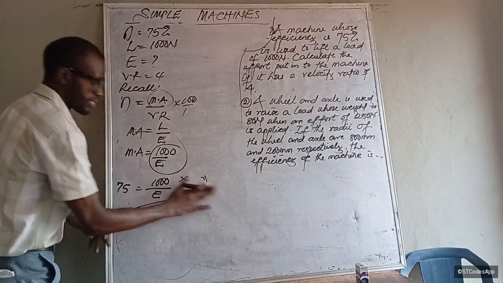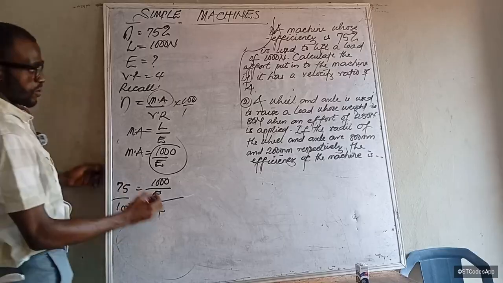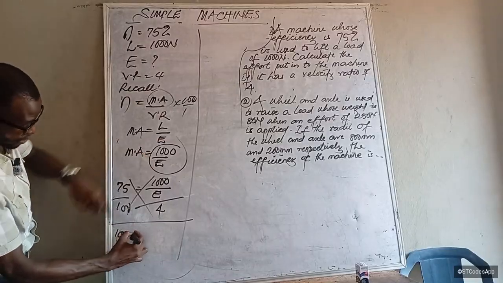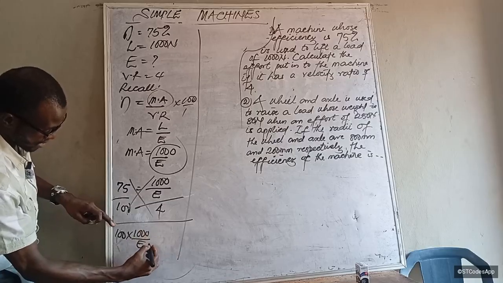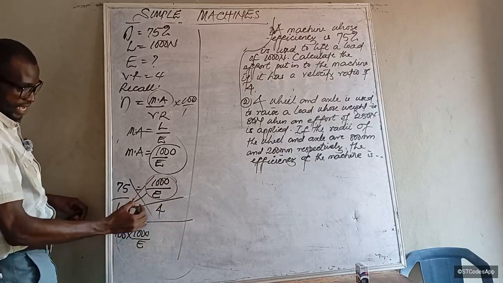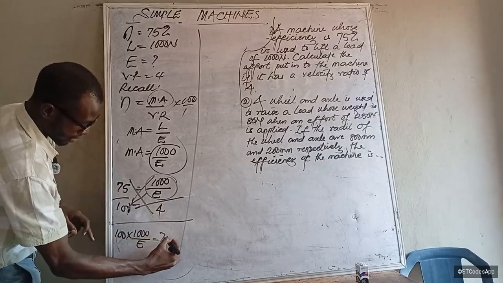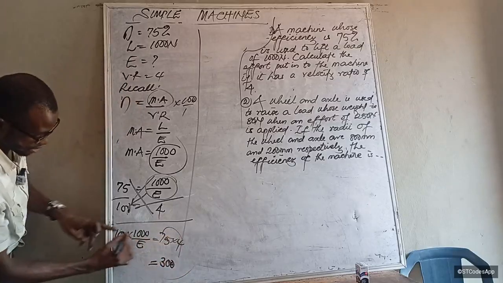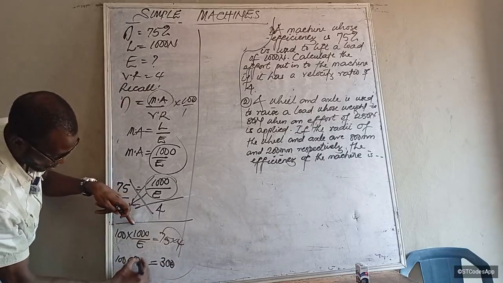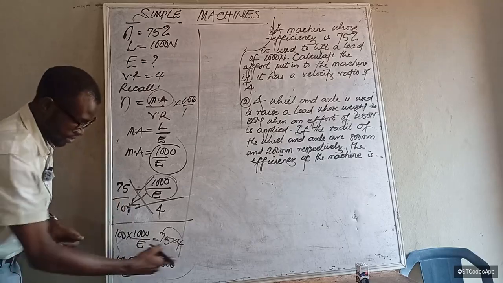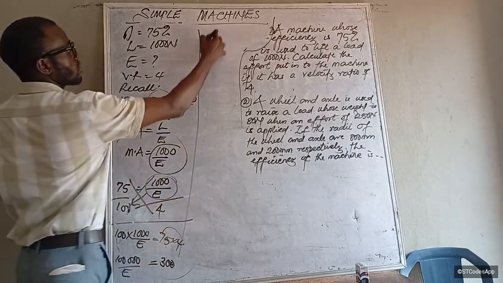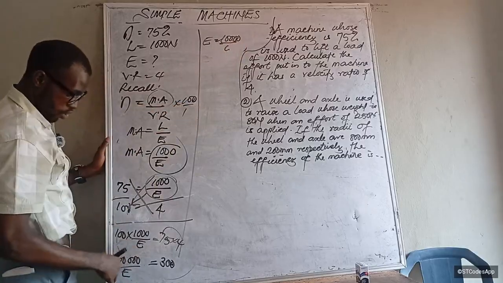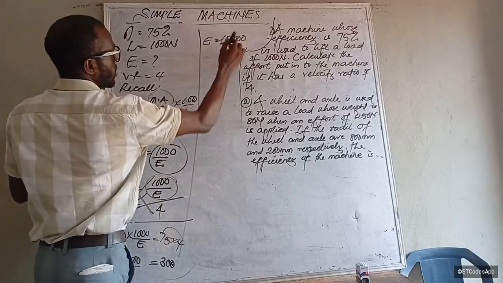So we can cross multiply: 100 times 1000 over E is equal to 75 times 4, which is 300. So 100,000 over E equals 300, and E will be equal to 100,000 over 300.